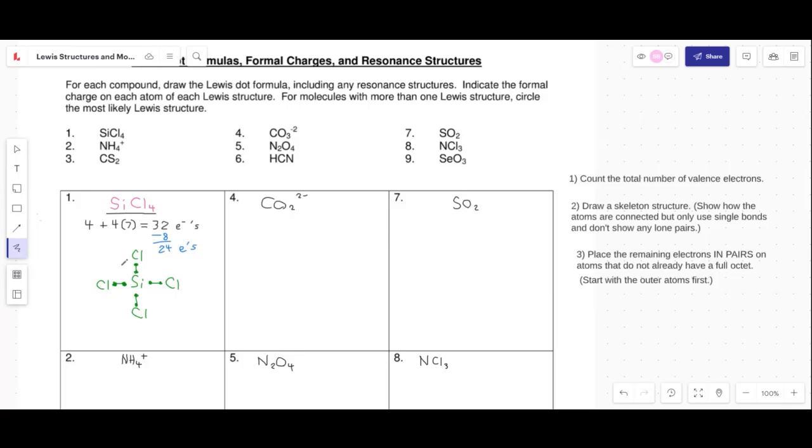So then I'm going to place my remaining electrons in pairs on atoms that don't have a full octet. So I'll start with my chlorine.